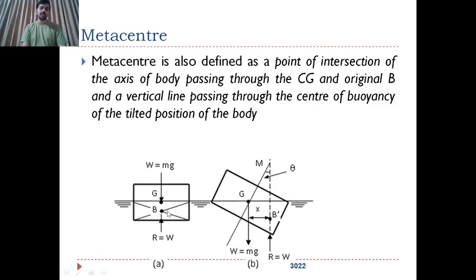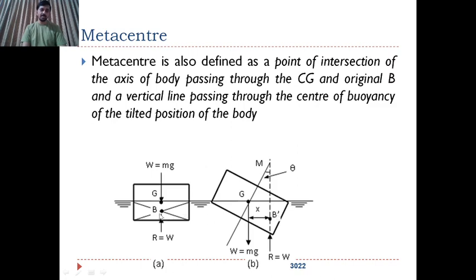B is the center of buoyancy through which the buoyant force is acting, right? Fb is acting. Now when the floating body is given a tilt, you can draw a new line, this dotted line, and B will be shifted to B dash.